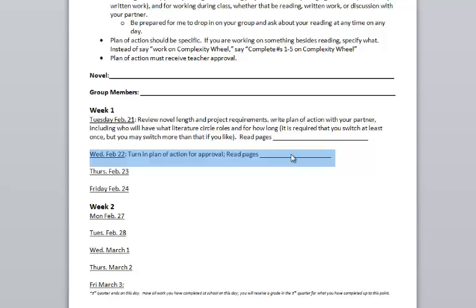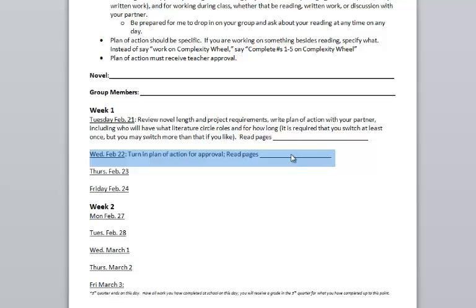And then of course I will make a copy of that plan of action to have for myself. I'll give you your plan of action back, and then from then on out we will be working on our novel study. Okay. If there's anything that I left out, I will get that information to you.